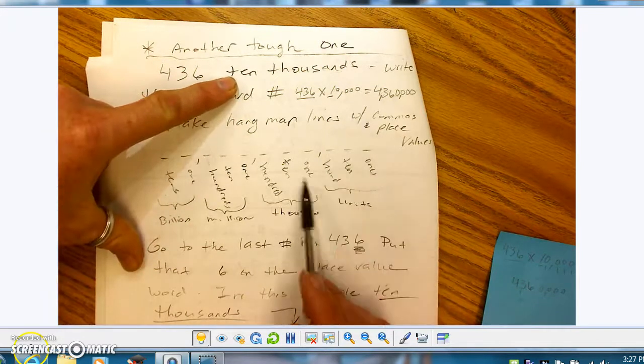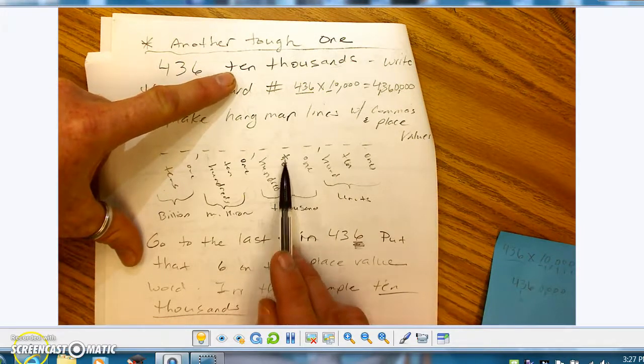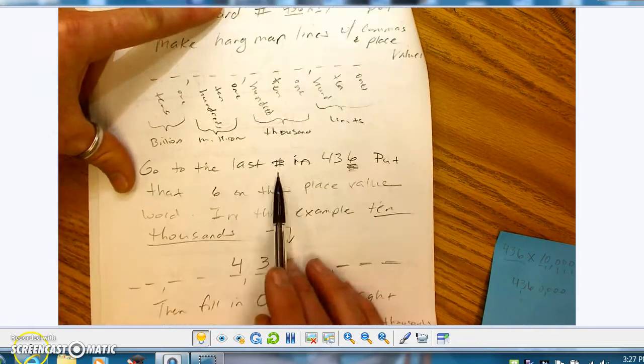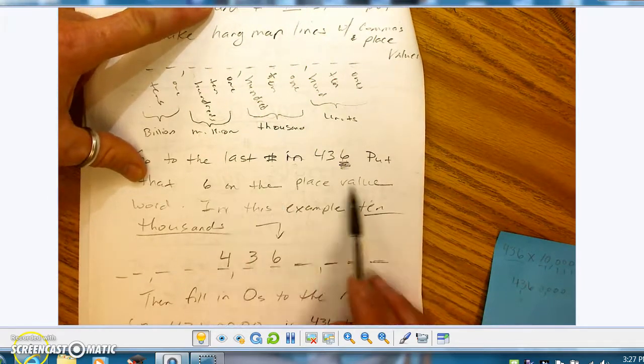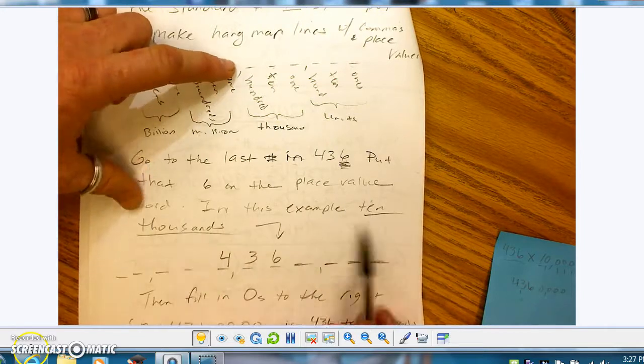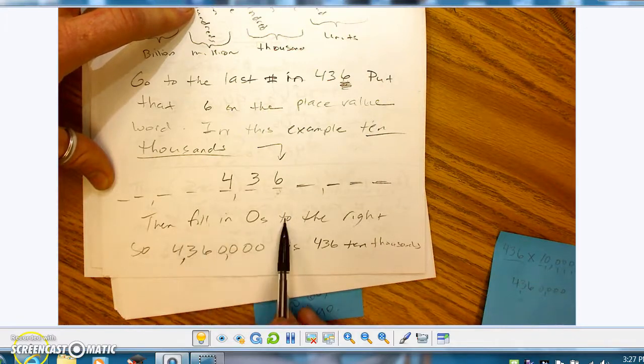But what you could do, instead of doing this multiplying, you could take your 436 10,000s. Where's the 10,000s place? Here's my thousands. Here's my 10,000s. So I said go to the last number in 436, which ends up being a 6, and put that 6 in the place value that they wanted. In this example, the 10,000s place. So there's my 10,000s place, and I put a 6. And then fill in zeros to the right.